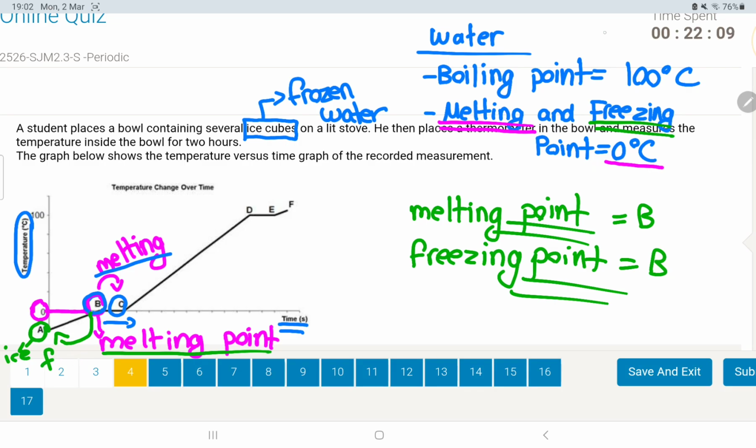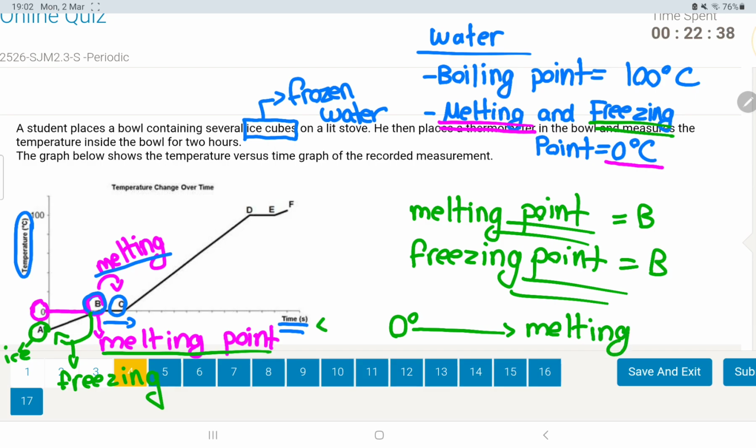So basically here, they're just checking your understanding. What happens at 0 degrees? Substance melts and freezes. Also here you can use this graph. 0 degrees, after that, it's melting. Before 0, at 0 and before, it's freezing. This can actually be helpful for you.